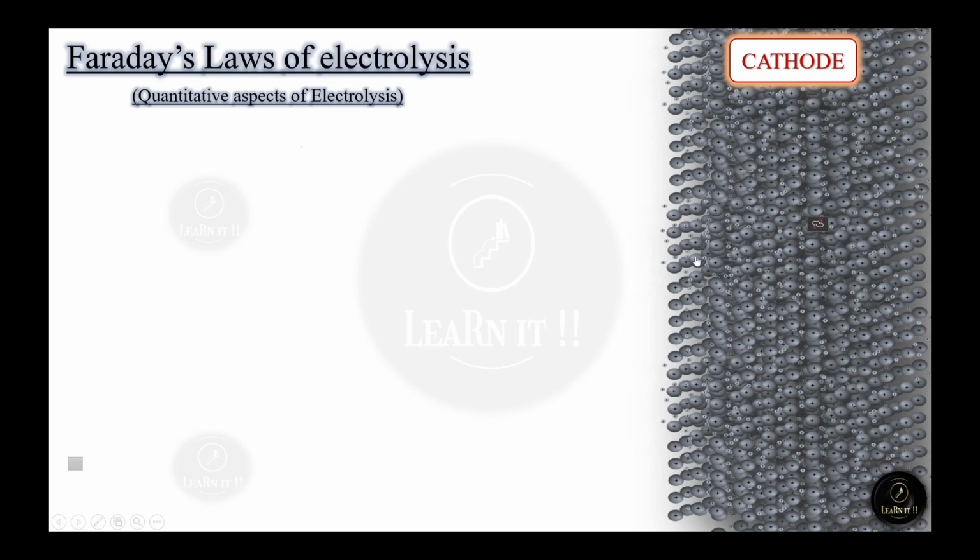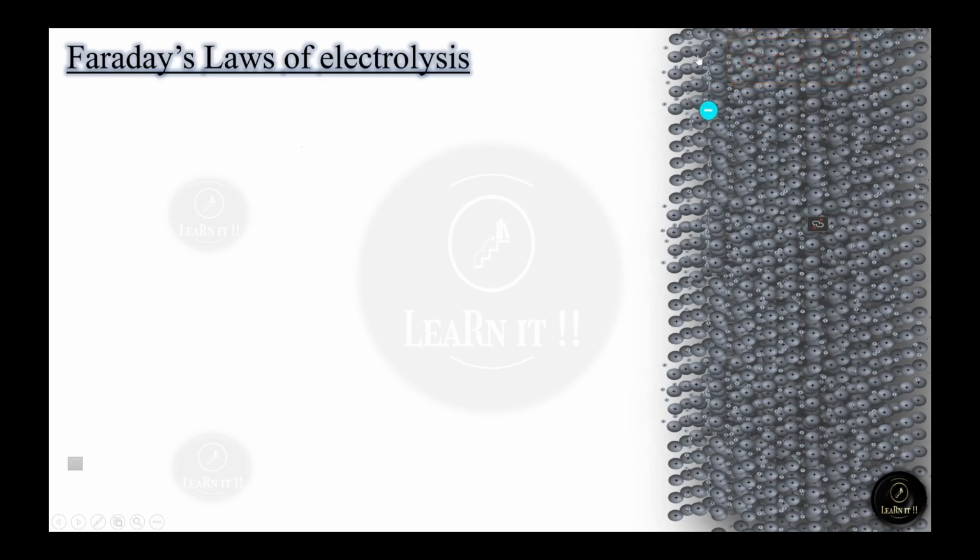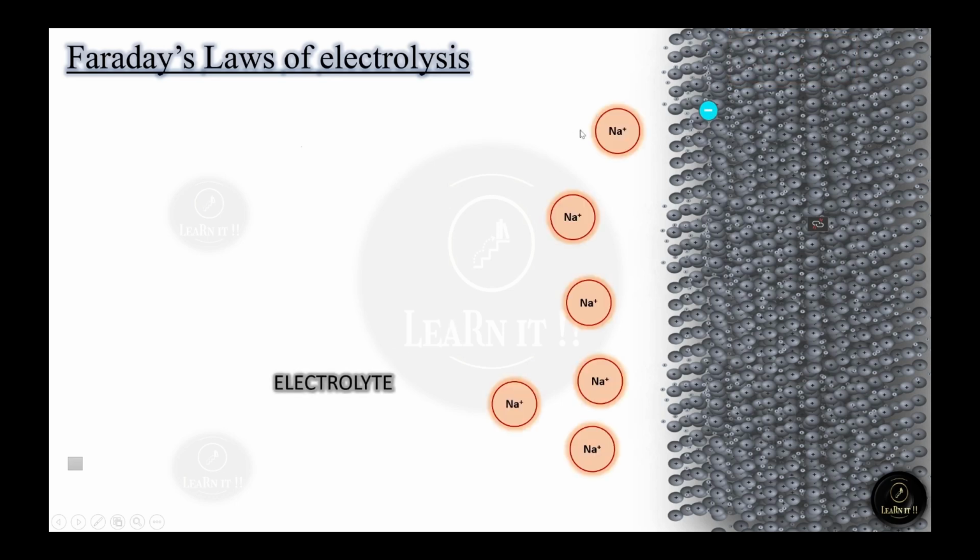As we know, the negative terminal of the battery is connected to the cathode, so there will be electrons provided by the battery. Consider that the battery provided 1 electron. In the electrolyte, Na+ ions are present. One Na+ ion consumes 1 electron to become sodium metal and it deposits on the cathode.